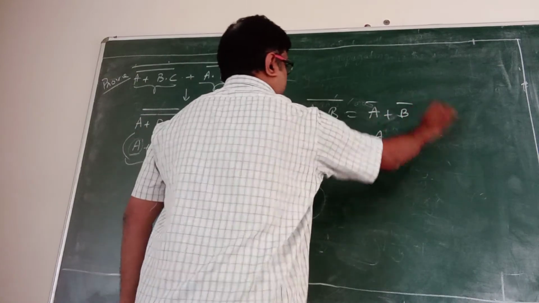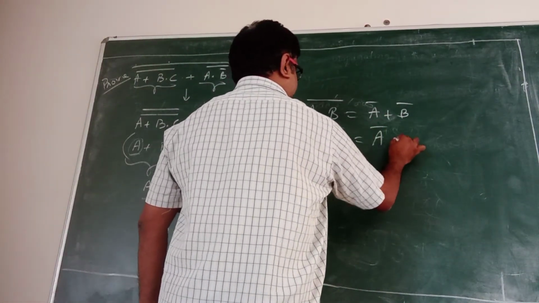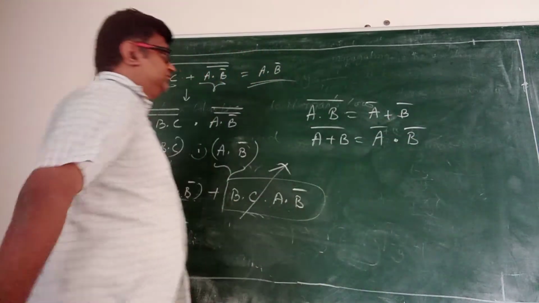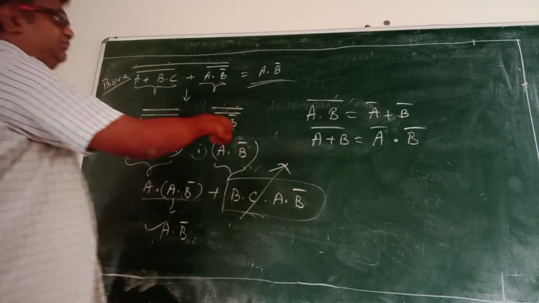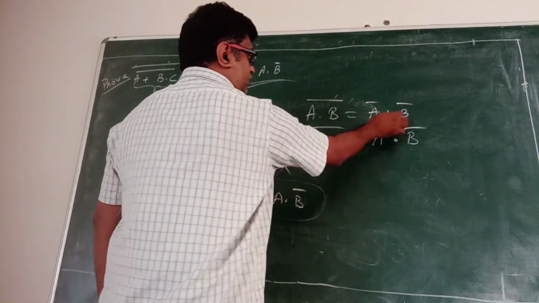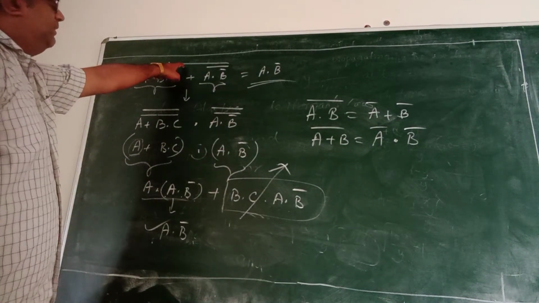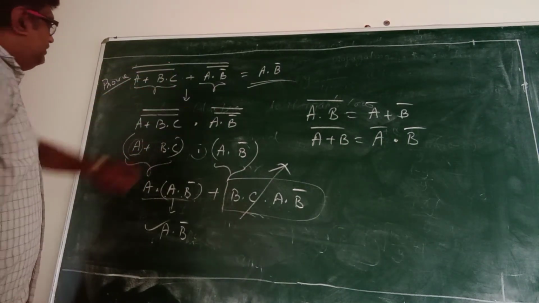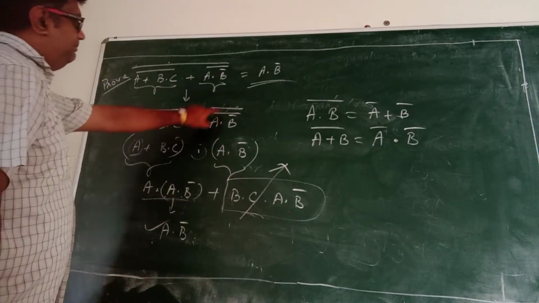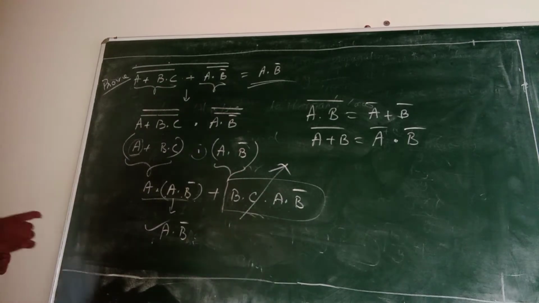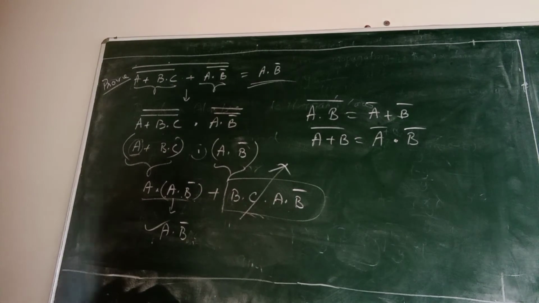See here, bar should come, okay, when you are removing the bar, you have to change the operator, okay, like this. This is what we have done here. I have taken the bar, and when I am breaking it, consider this whole thing as A here, alright. So A bar dot B bar, like this, okay. Maybe I missed this bar part, so remember that this is how you operate.